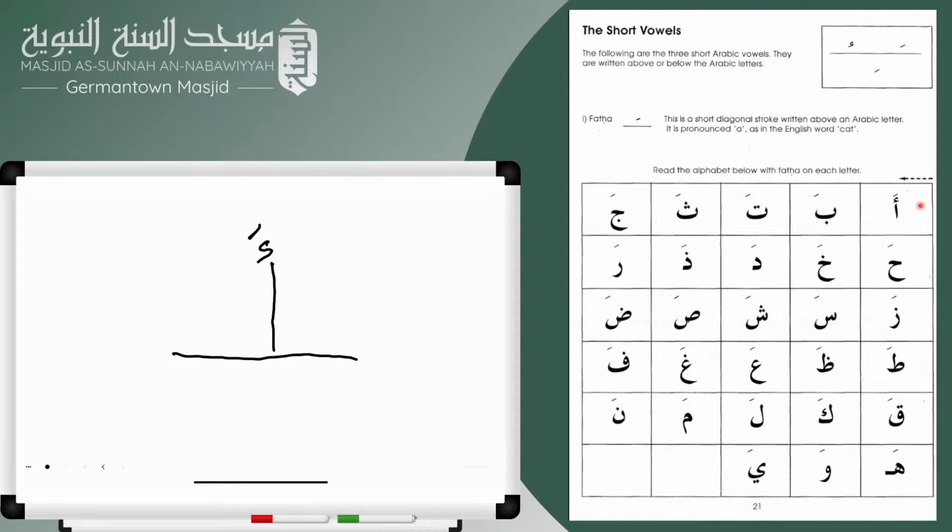This you pronounce as hamza fatha a. This is the pronunciation of hamza. When it has a kasra and a dhamma, we'll do that another time, inshallah. Any other questions related to the letters or fatha?